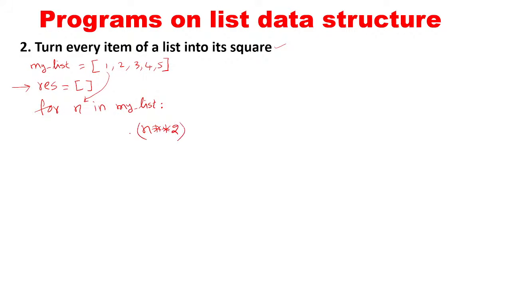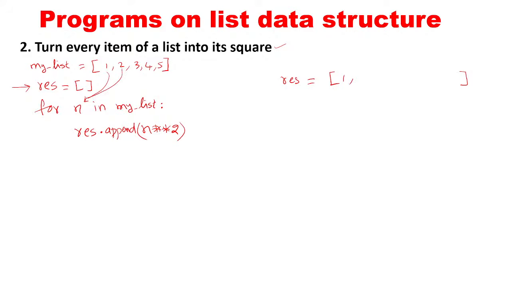Now you got the square and you want to add it to this result list. That you can do by using the append function. Result dot append. Initially your result is empty here. So when you say result dot append n square, n value is 1, 1 square means 1 will be added to your result here. Then it goes up.